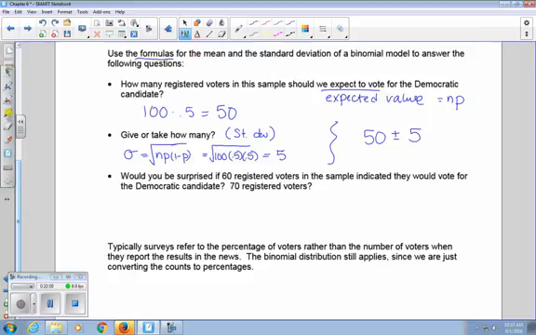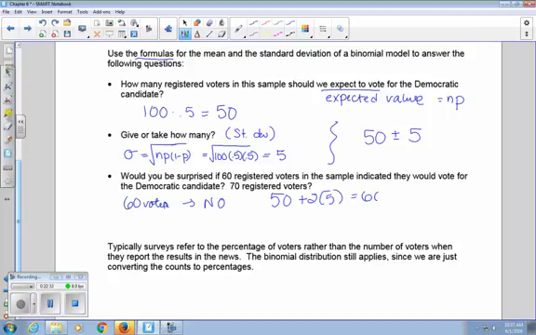Would we be surprised if 60 registered voters indicated that they'd vote for a Democratic candidate? So 60 voters, no, I don't think we'd be surprised, because that's within 2 standard deviations of the mean.